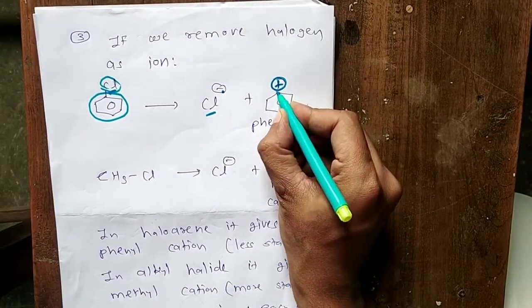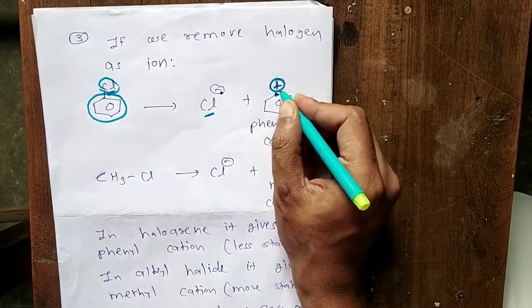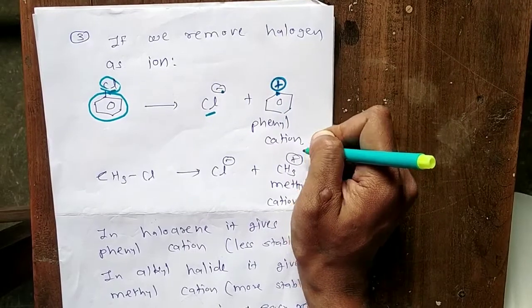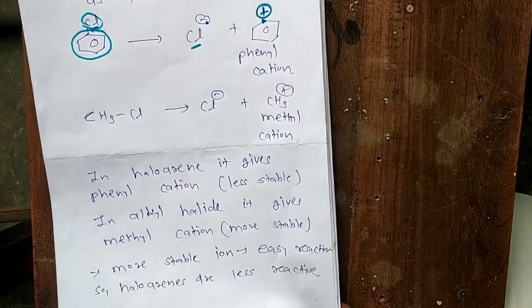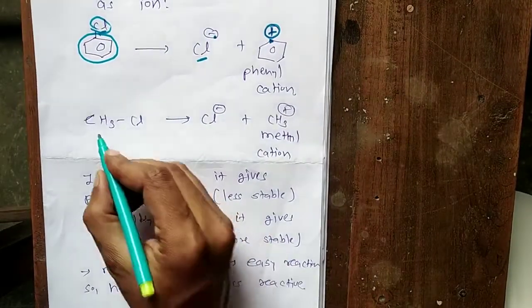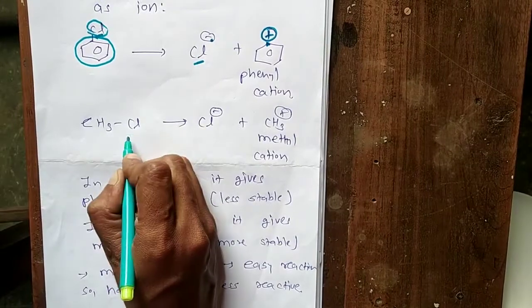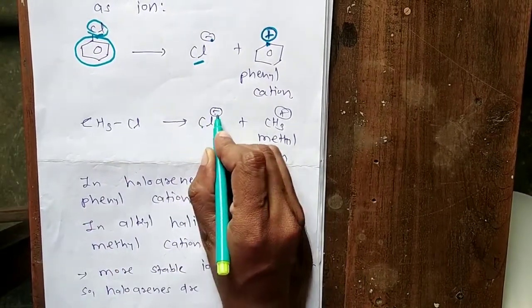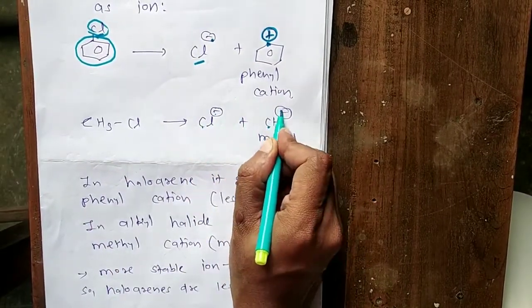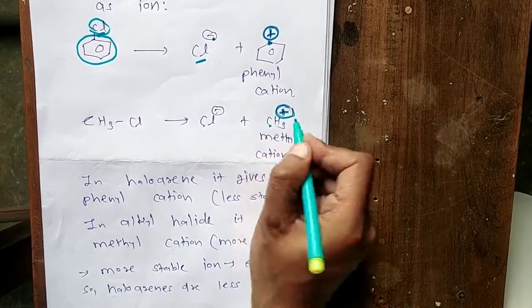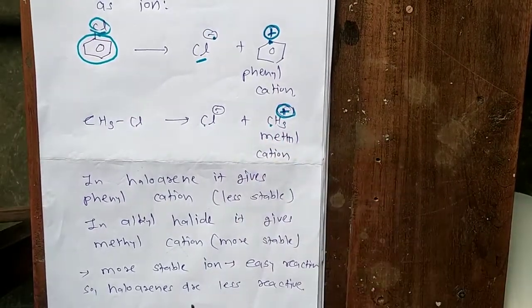Hydrogen is missing from this carbon, so it is a phenyl cation. Now if I remove the same Cl minus ion from alkyl halide, it will give Cl minus plus CH3 plus ion, the methyl cation.